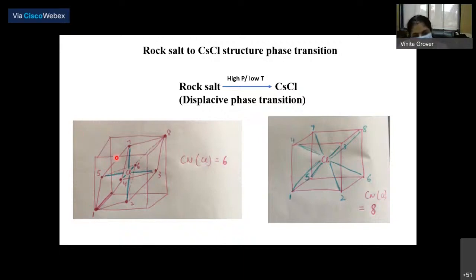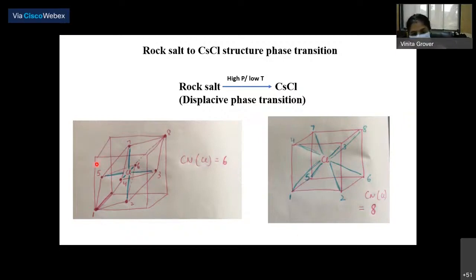And this cube, whatever you have formed by squeezing or shrinking this body diagonal, will have chlorine at the center. So once you have this kind of a structure wherein you have Na at the corners and chlorine at the center, what you have obtained is the primitive cesium chloride type of lattice.